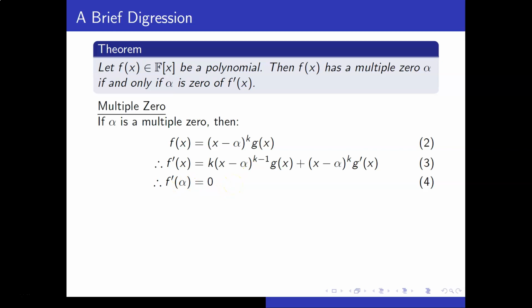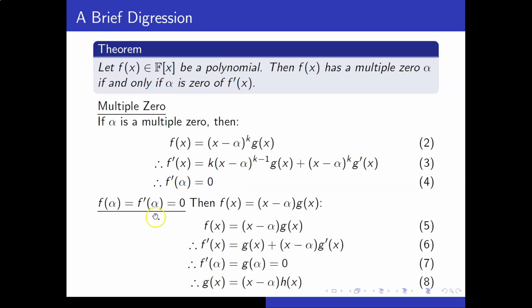Now, if I know that f of alpha and f prime of alpha are both 0, I'll start the same way. I'll write f of x as x minus alpha times g of x, because I know it's a zero, hence I can factor out x minus alpha. When I take my derivative, I get g of x plus x minus alpha times g prime of x.